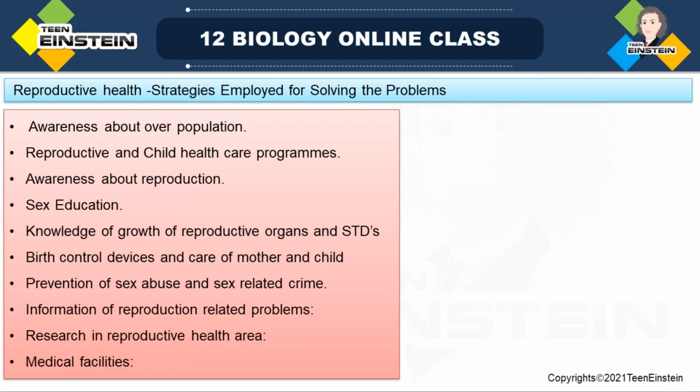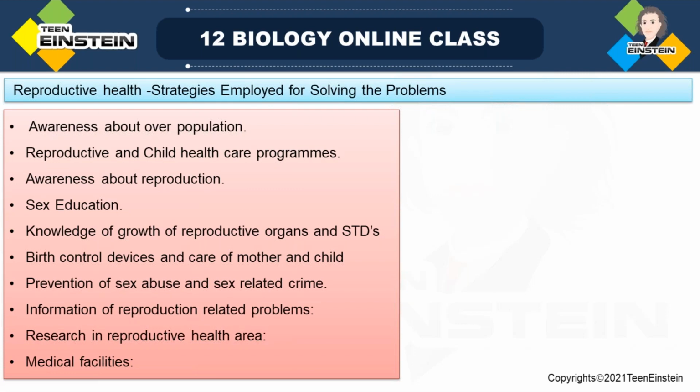Saheli is a contraceptive drug developed by the Central Drug Research Institute. Note down that Saheli is a contraceptive pill developed by the Central Drug Research Institute, CDRI Lucknow. It is a contraceptive pill. Such new inventions from the research field are also very important.